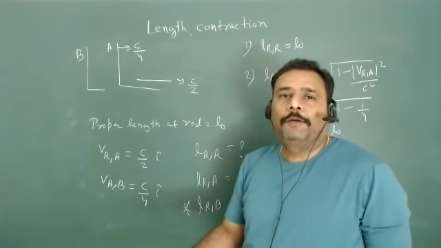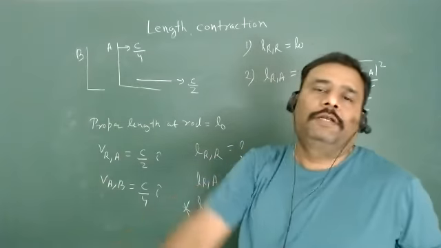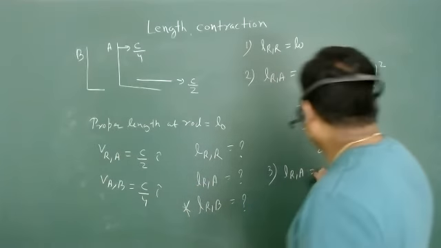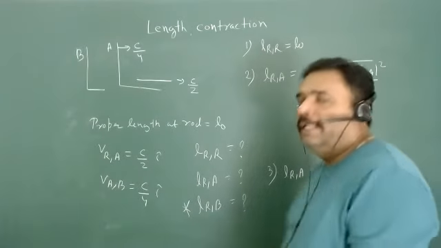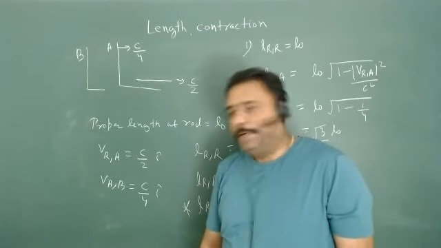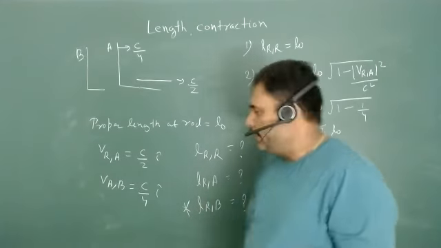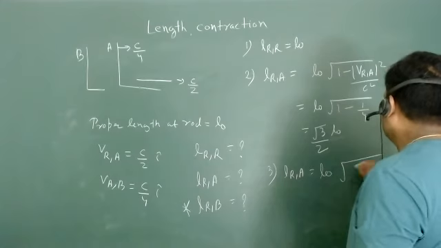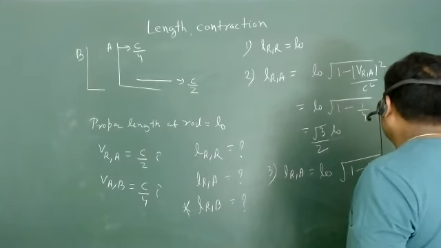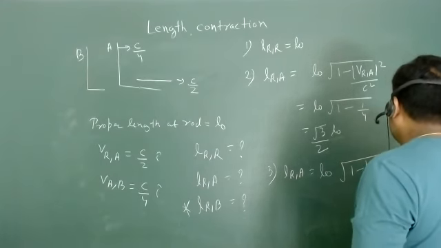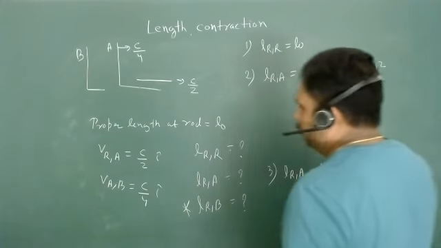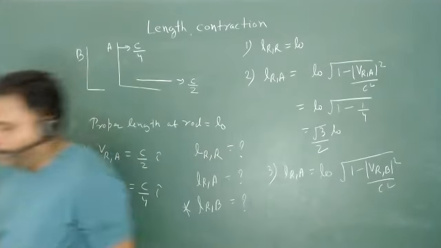Whenever you have to measure proper length, you have to go into the rest frame of the rod. So what will be the proper length? L naught, because proper length is always uniquely defined. And we have to calculate the square root of 1 minus the velocity of the rod with respect to B whole square upon c square, along the length, and find this whole thing.